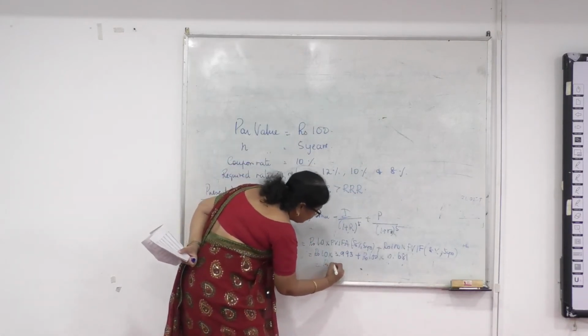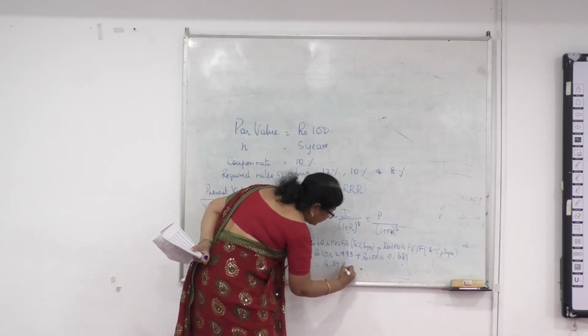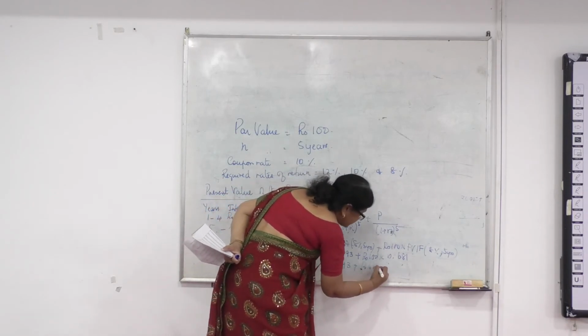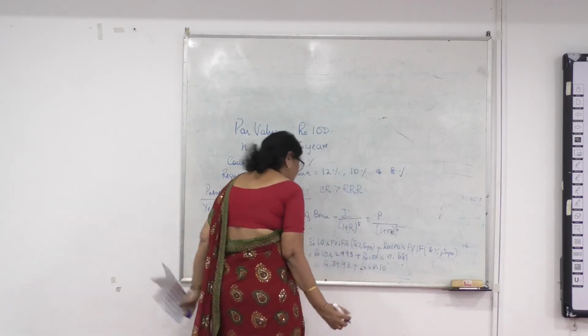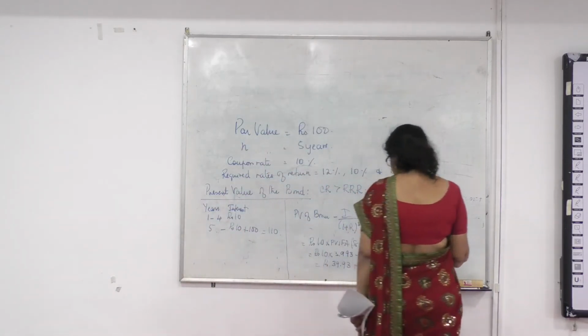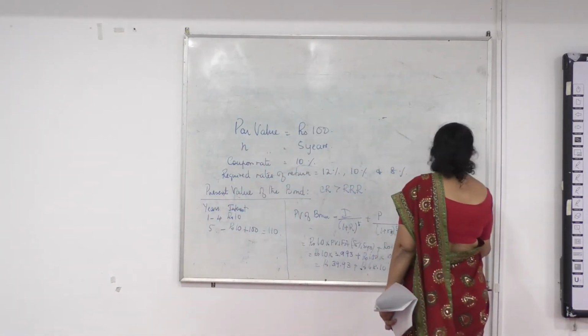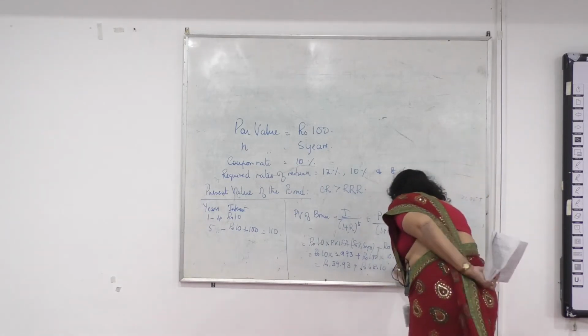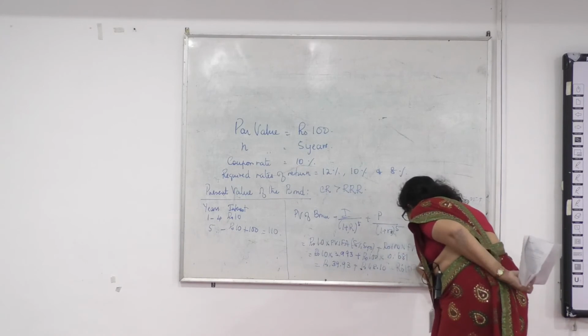So this will be rupees 39.93 and this is going to be rupees 68.10. So that will be 39 plus 68, which gives me a little more than rupees 107.